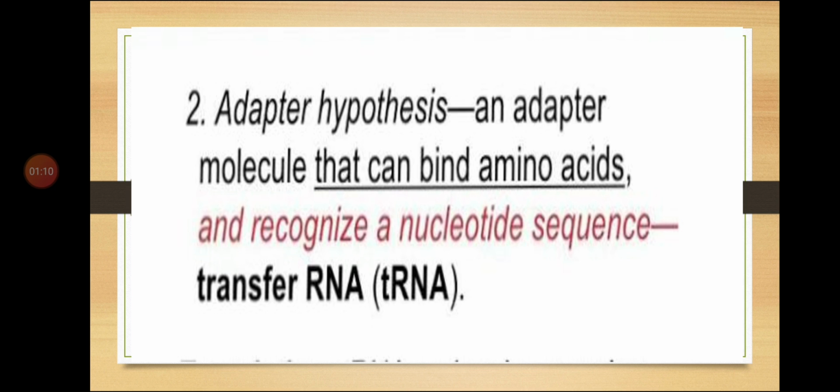Some scientists considered that there has to be a mechanism in which tRNA will read the codon and simultaneously bind with amino acids, as amino acids do not have any special capacity to read the codons. So, tRNA is considered as an adapter molecule.